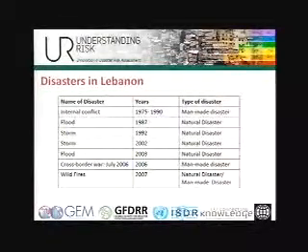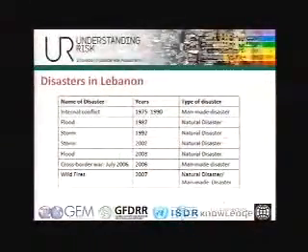Basically, what we came up with was, from a study from the UNDP, the main disasters that happened over the past 30 years, and that also included man-made disasters like conflict. So you can see here we have internal conflict, floods, storms, cross-border war, and wildfires.